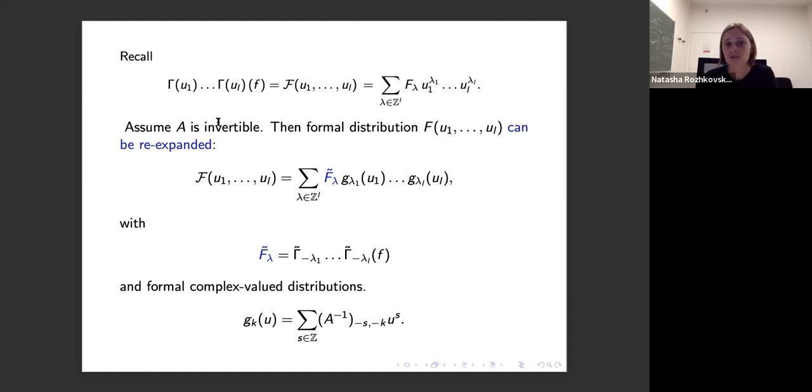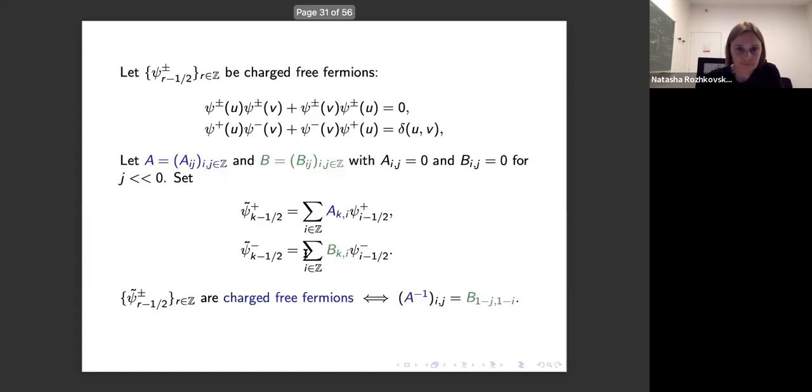So we need this matrix to be invertible to have this definition work here. So we can just take exactly the same formal distribution, but re-expanded in a new kind of basis. And then the coefficients will be these new linearly transformed vectors.